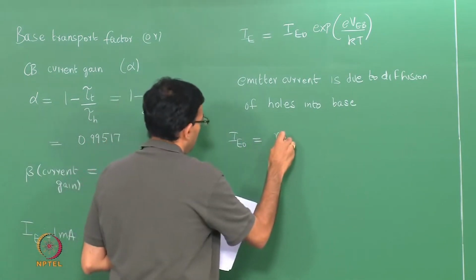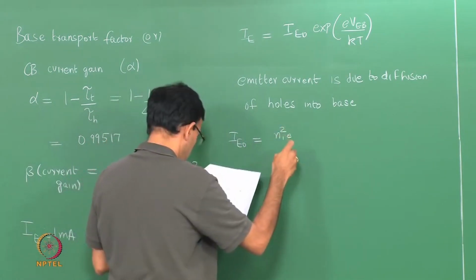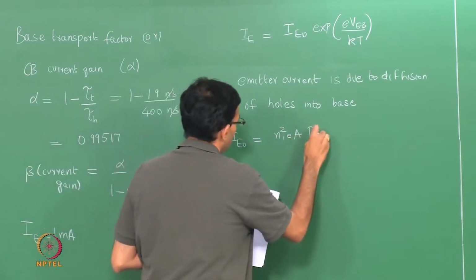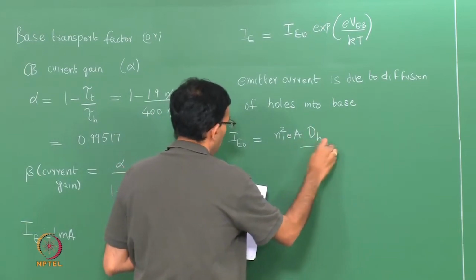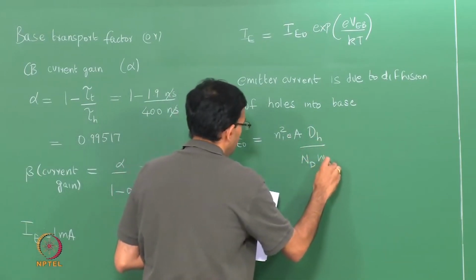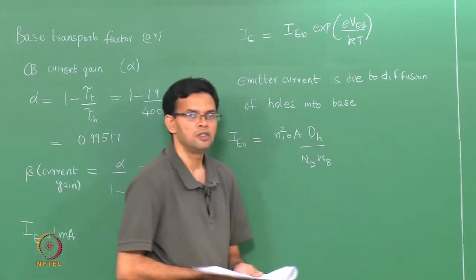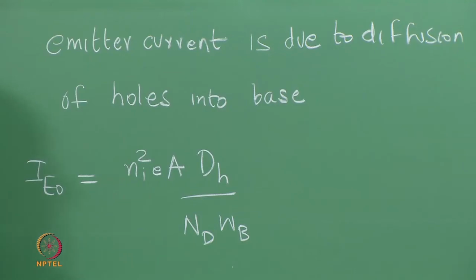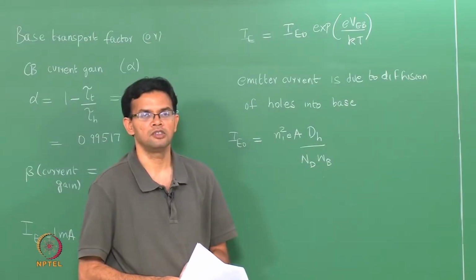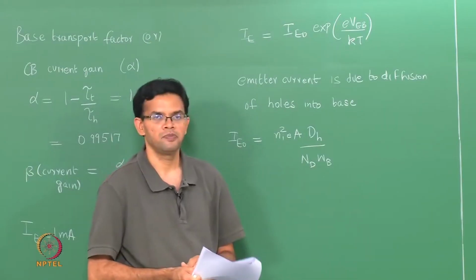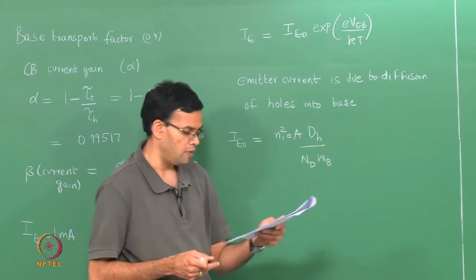So, in this particular case, IE naught is equal to ni squared e times the cross sectional area A times dH over Nd times Wb. So, here Nd, which is the concentration of electrons in the base, is much smaller than Na, which is the concentration of holes in the emitter. So, since it is 1 over Nd, this particular term will dominate.